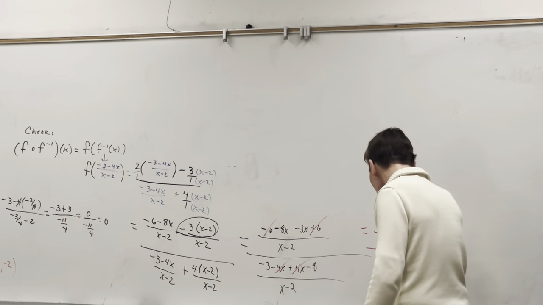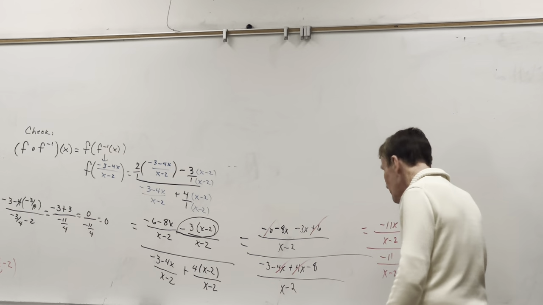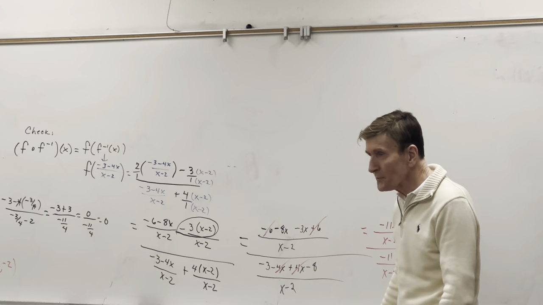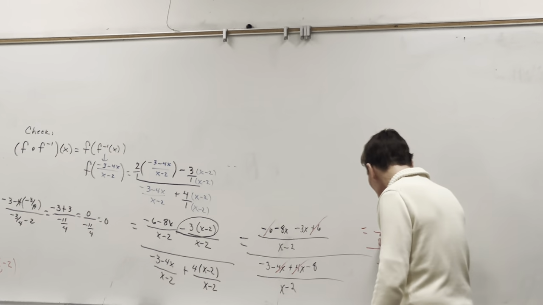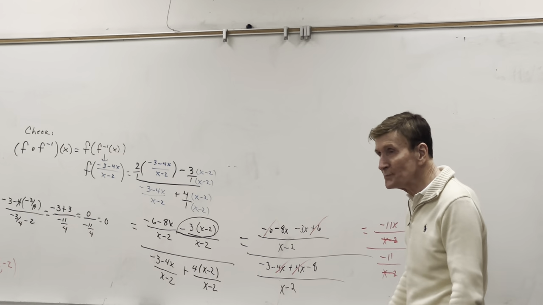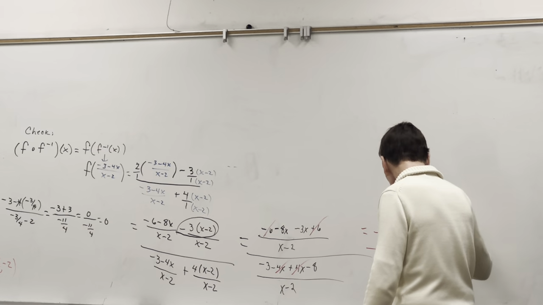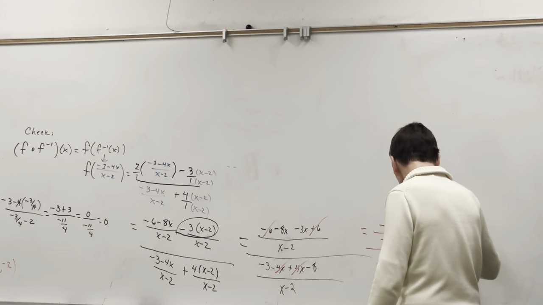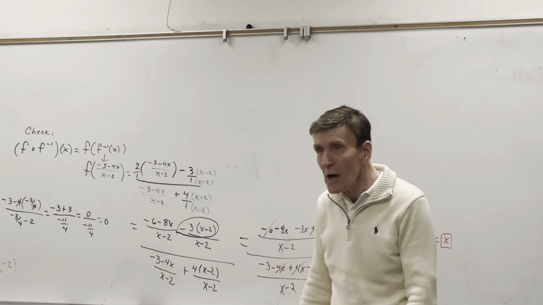That gives me a -11 over x subtract 2. Please tell me, is that x? With a little dancing, will those two eventually cancel? Will the 11 cancel? And I'm going to be left with x. Wow.